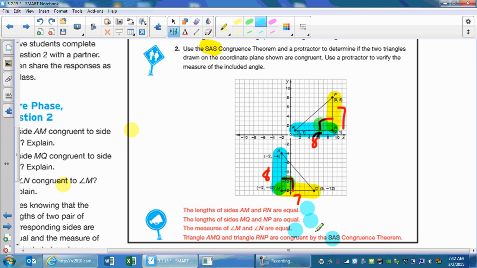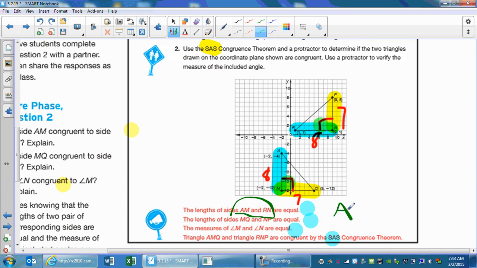So you can also say for this last statement, triangle AMQ is congruent to triangle RNP. So if you want to shorten that, also, I'll show you in a second, we can shorten these.